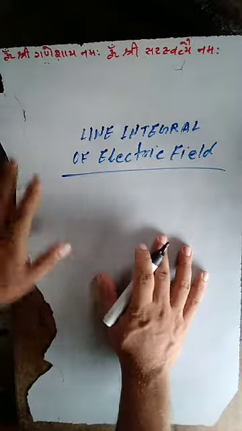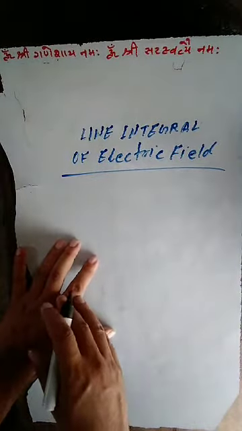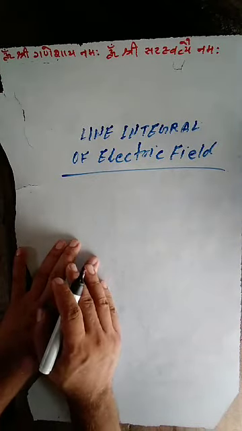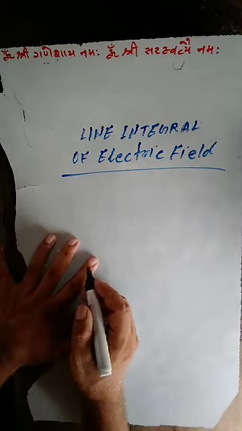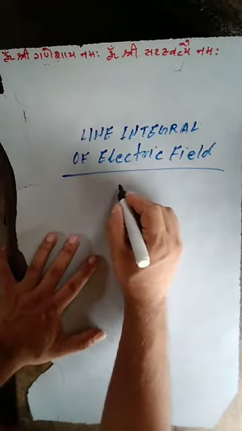Now, what is line integral of electric field? So basically, if we say line integral, it means electric field along a path, or along a line. So how would we represent it?